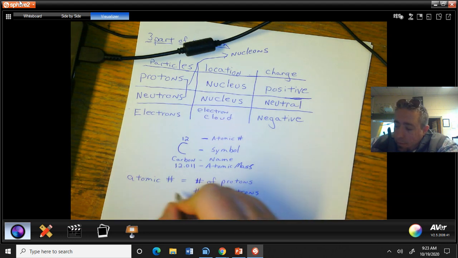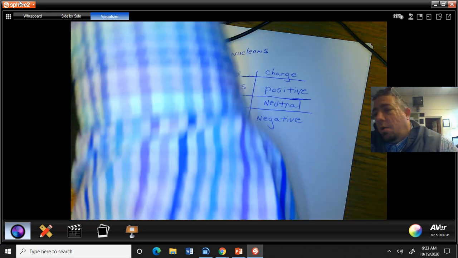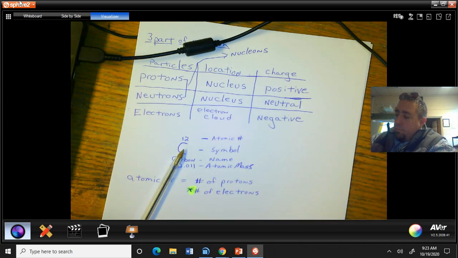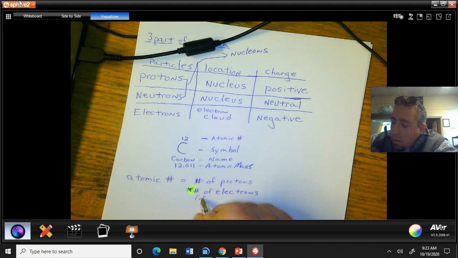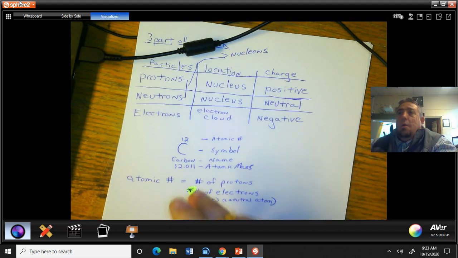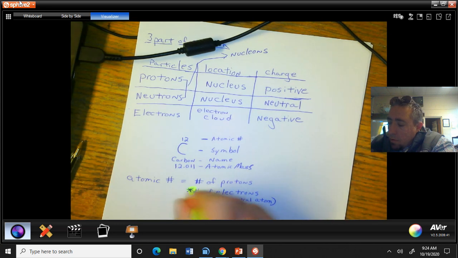That is if, and I'm going to put a star right here, okay? I'm going to put a star right there, and I'll highlight it. Because that's only if it's a neutral atom. What does it mean to be a neutral atom? Right, there's no overall charge on the atom.